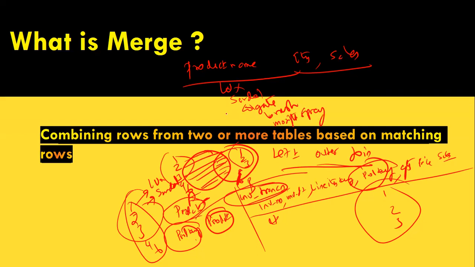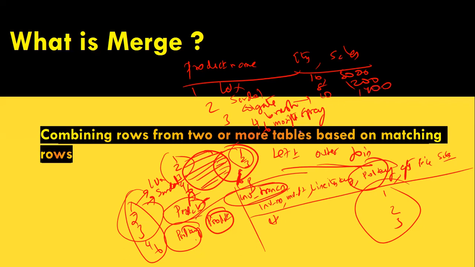The product IDs are 1, 2, 3, 4, 6, but here only 1, 2, 3 are there. Lux, you sold 10 quantity, with some sales value here, 1200, Colgate 10, here also 1400.